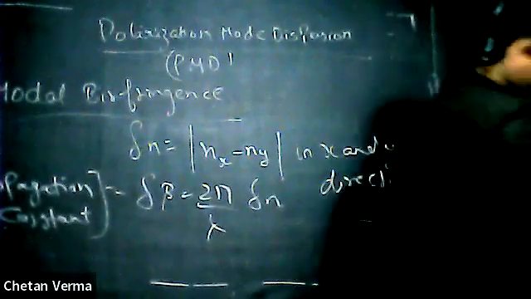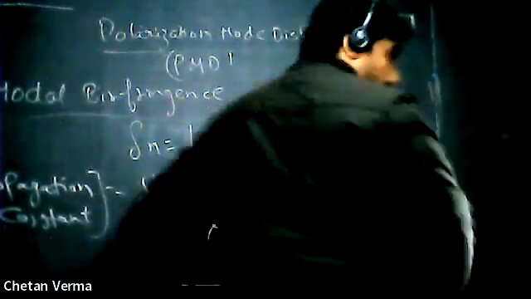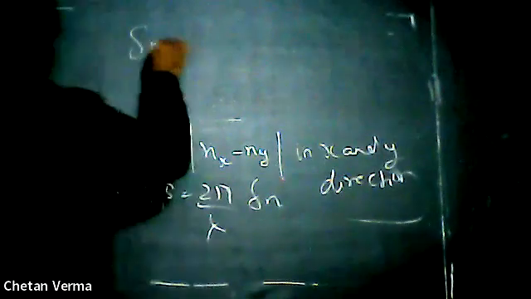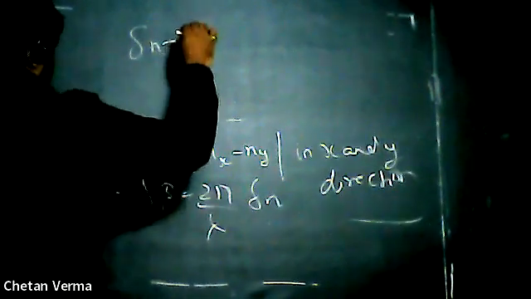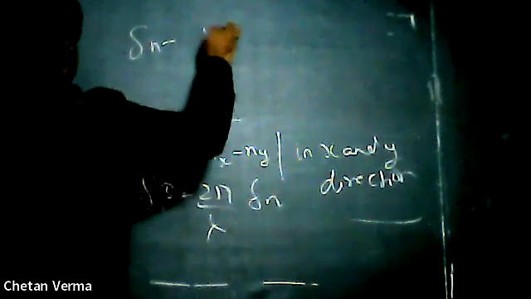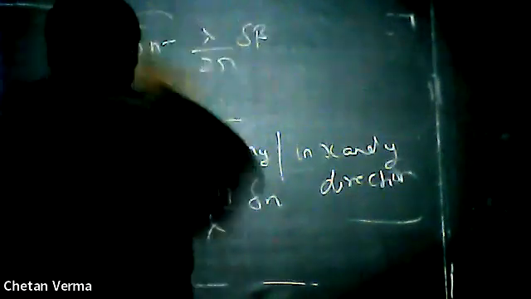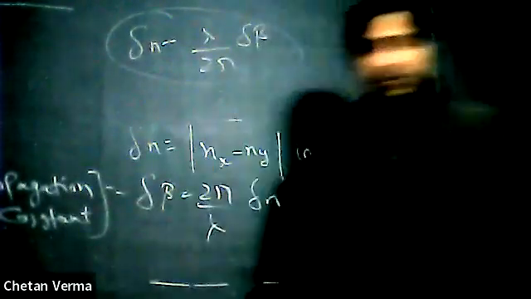So after you calculate the value of the modal birefringence according to the propagation constant, delta n should be equal to lambda by 2 pi into delta beta, that is the propagation constant.